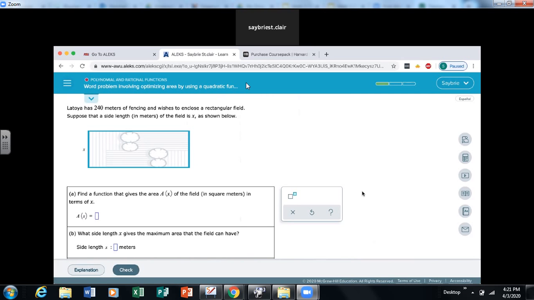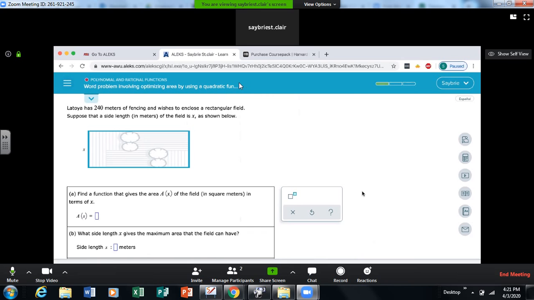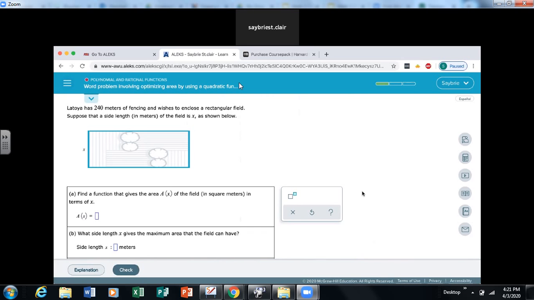Okay, so this one, because they're using all 4 sides of this rectangle, you have one equation for perimeter, one equation for area. For the perimeter, I'm going to write it as 2x plus 2y equals 240. The second equation, area, I'm going to write as x times y. So those are going to be my 2 base equations that I'm solving.